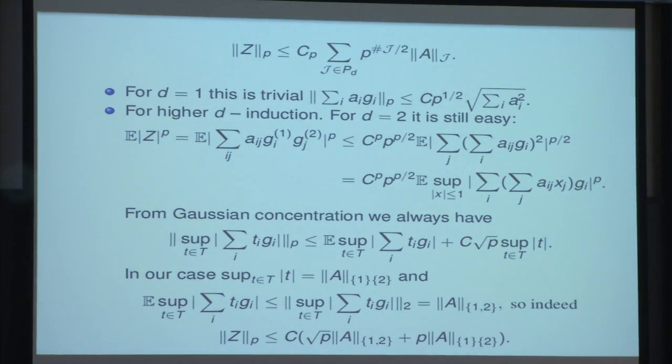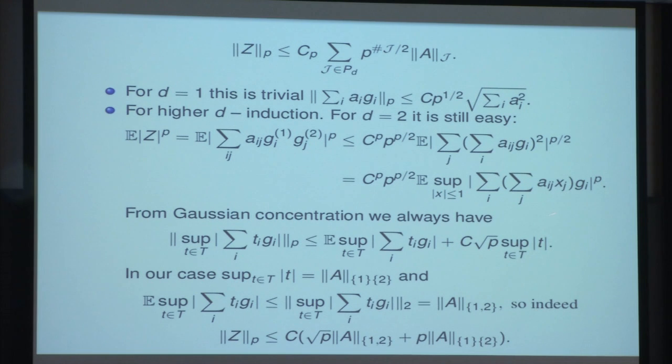So let me do it also here. Here, we have the sum of squares and the square root, right? So we can express it via duality by introducing this auxiliary variable x and writing things as a supremum. So as you can see, already here, we end up with the need of estimating the p-th moment of the supremum of a certain Gaussian process.